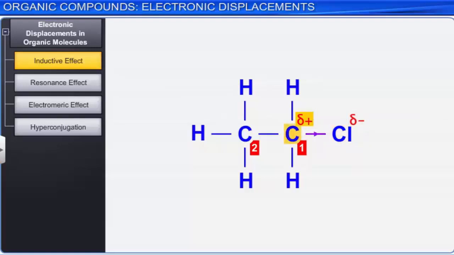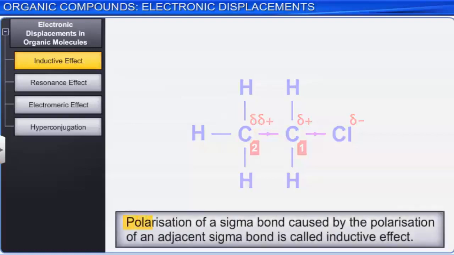The partial positive charge on C1 draws some electron density towards itself from the adjacent carbon-carbon bond. This causes C2 to acquire a small positive charge. The delta plus represents a relatively smaller positive charge as compared to that on carbon 1. Thus, the carbon-chlorine bond induces polarity in the adjacent bonds. Such polarization of a sigma bond caused by the polarization of an adjacent sigma bond is called inductive effect.